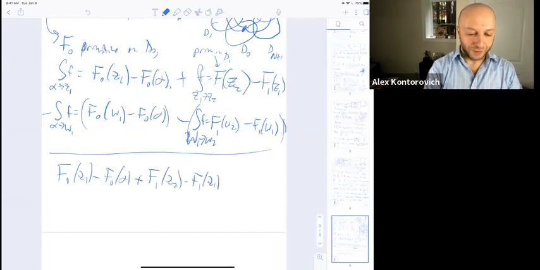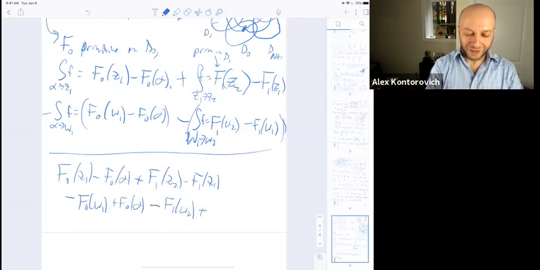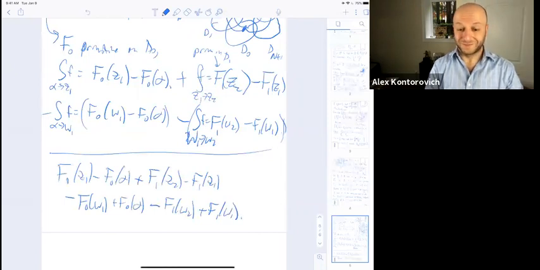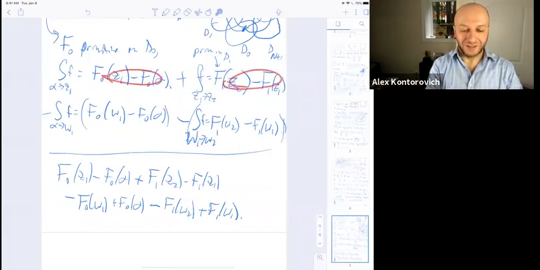That was just the top row. The bottom row is minus F0 of w1 minus F0 of alpha minus F1 of w2 minus F1 of w1. So I'm just adding this plus this minus that.